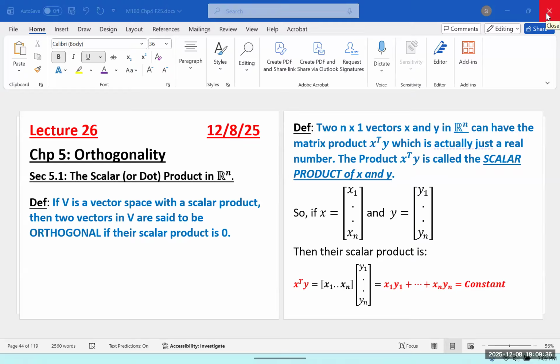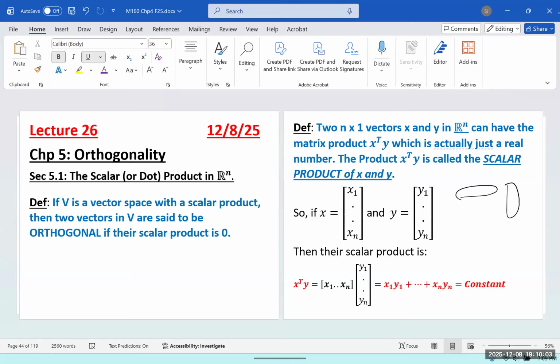So just like matrix multiplication, in matrix multiplication we have n by m matrices, and here we are multiplying only vectors. So we multiply 1 row with 1 column. Whatever result you get, that's the dot product or the scalar product, and that number is a constant.